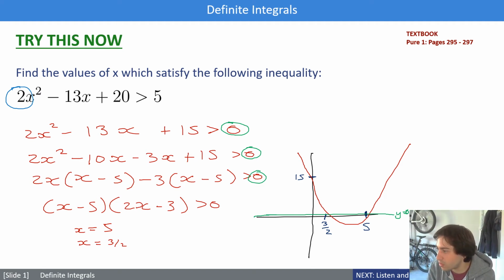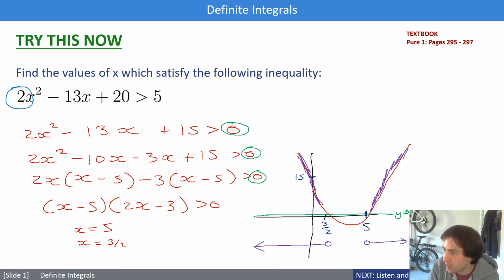It's these values here and these values here, which corresponds to the following range. Exclude 3 over 2, but take everything to the left of it, and exclude 5, but take everything to the right of it. So our final answer is x is less than 3 over 2 and x is greater than 5.